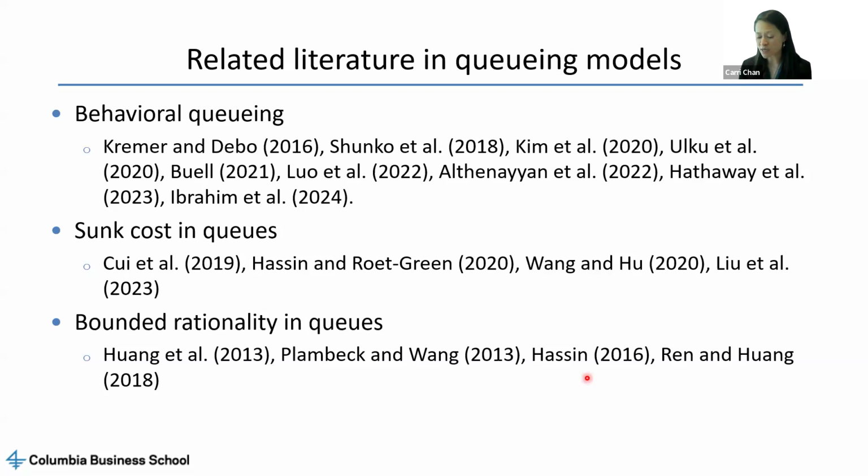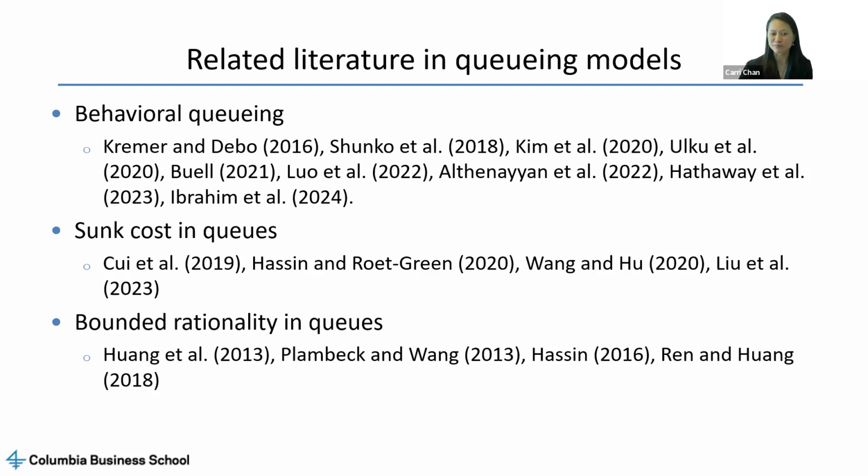Most of those works assume that the customers are fully rational, whereas in contrast, we are explicitly capturing the fact that humans are not rational, and how we can leverage that for system design. That's obviously related to bounded rationality, and we're taking this behavioral perspective.